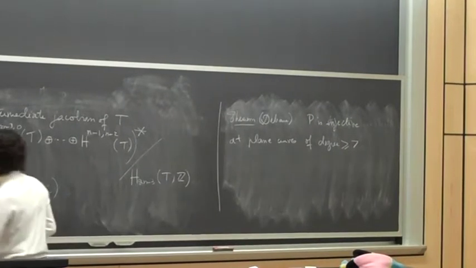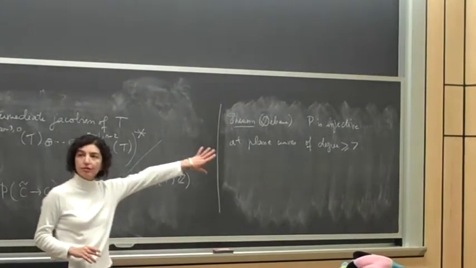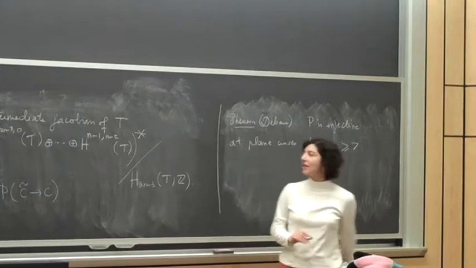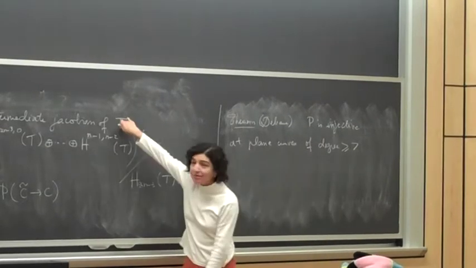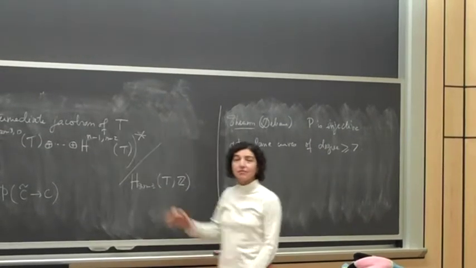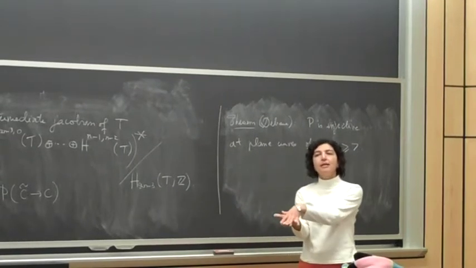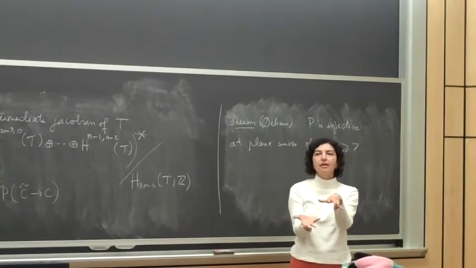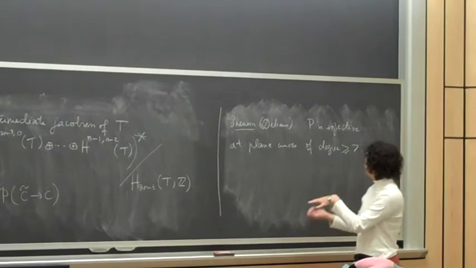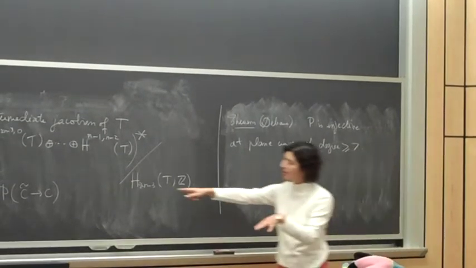So it's injective everywhere if C is a plane curve of degree at least 7. And from that he gets Torelli for this higher dimensional variety, because if he knows the intermediate Jacobian, then he knows the Prym variety. If he knows the Prym variety, he can get the double cover.